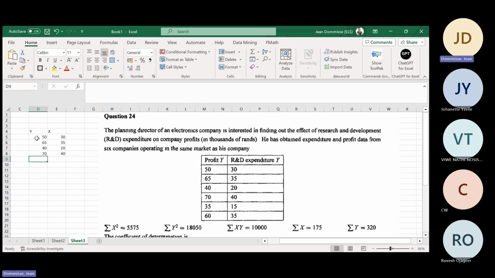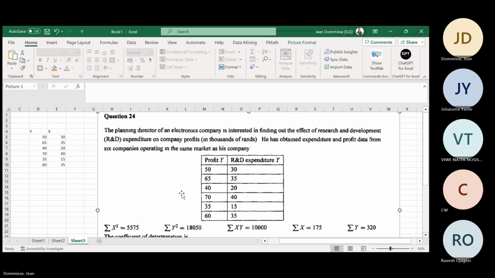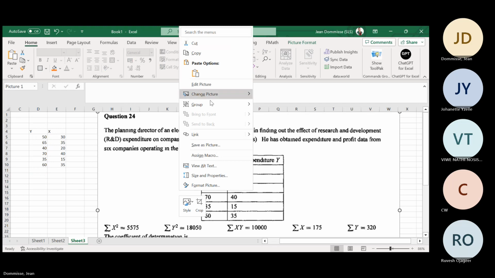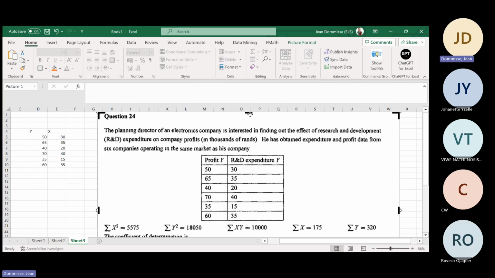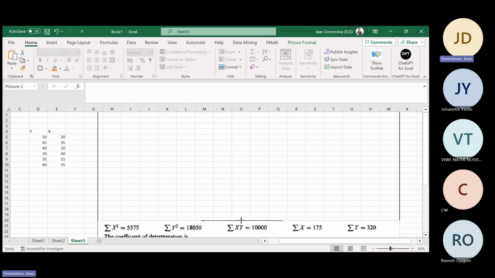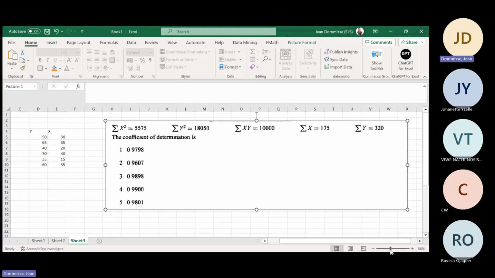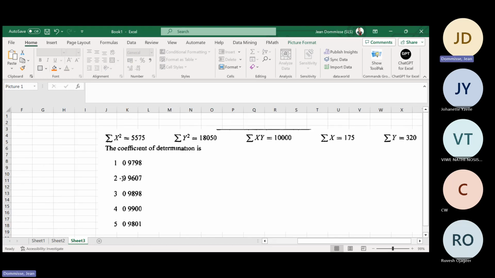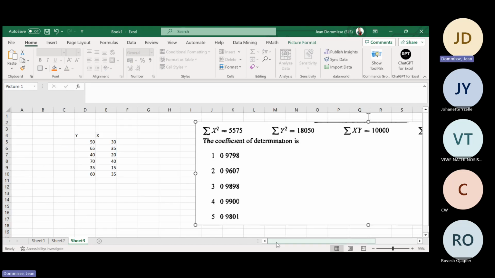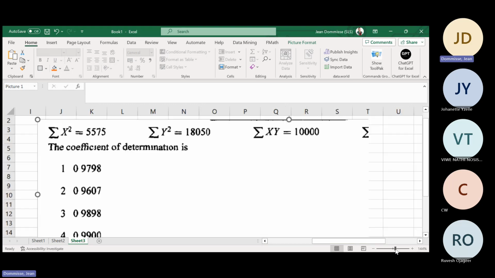You guys have a formula for R square. They also give you all the other information in here to be able to work out R square.